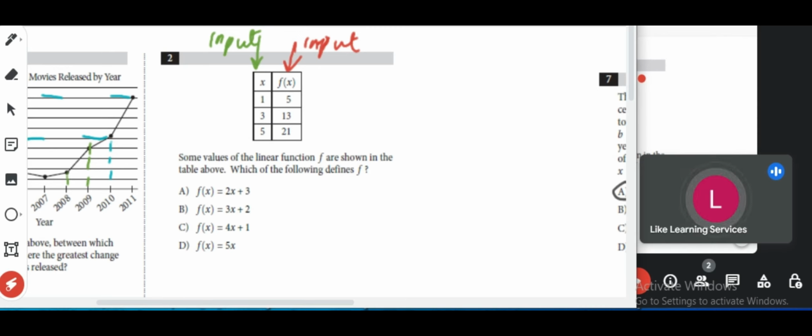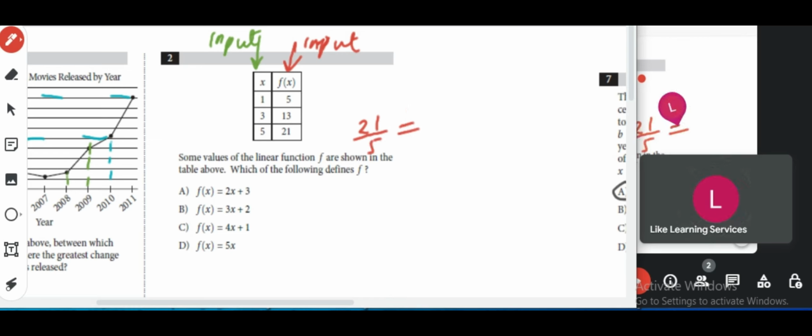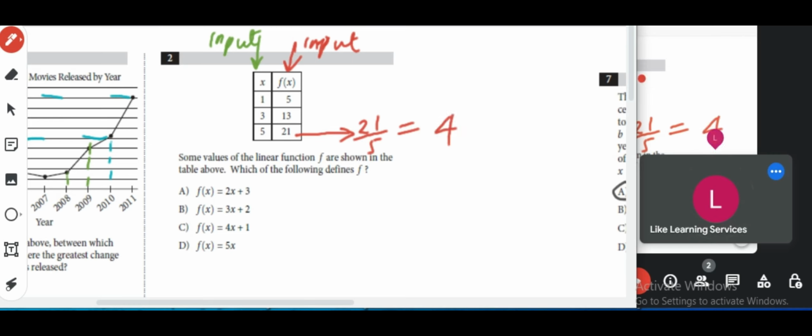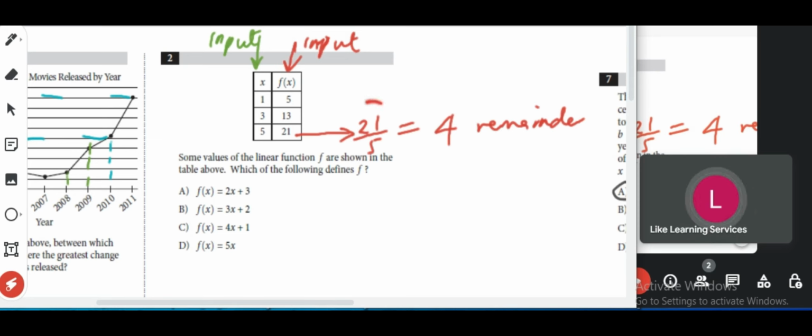There are many ways to do that. You can just check 21 divided by 5. What does it give? 21 divided by 5 is 4.2, like 4 whole number and what remaining? 21 divided by 5, it will go 4 places, and what will remain?